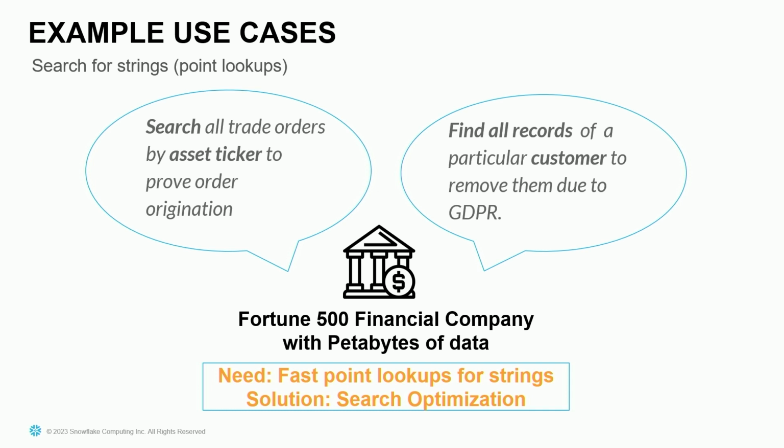The second is amongst all their customer data, they wanted to find information for one particular customer for GDPR purposes. The common thing amongst both these queries is that they're point lookup queries, and they needed these to run faster. So search optimization became a natural solution.